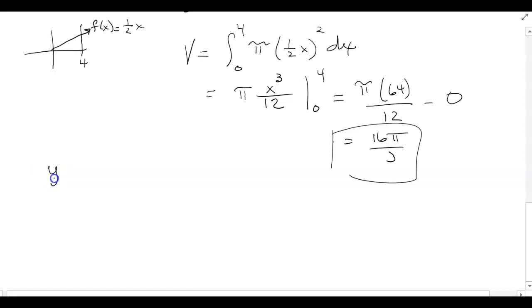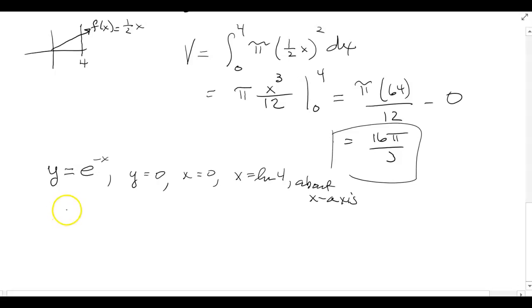Suppose we haven't done anything with e yet, so let's do e to the negative x. And of course, y equals 0 and x equals 0 to x equals ln 4, and we're going to rotate it about the x-axis. And we're going to talk about that in a minute. You're always going to be given which axis to rotate. Keep that in mind.